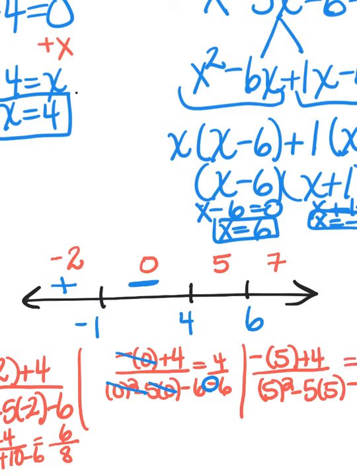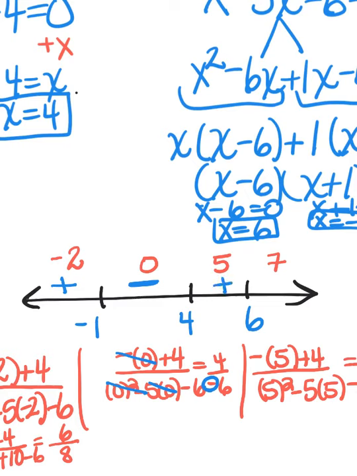So -5 plus 4 is -1 over 5 squared is 25 minus 25 minus 6. Well, the 25 minus 25, those cancel each other out and make 0. So we end up with -1 over -6. We have those two negatives. So two negatives make a positive. So this is a positive output.